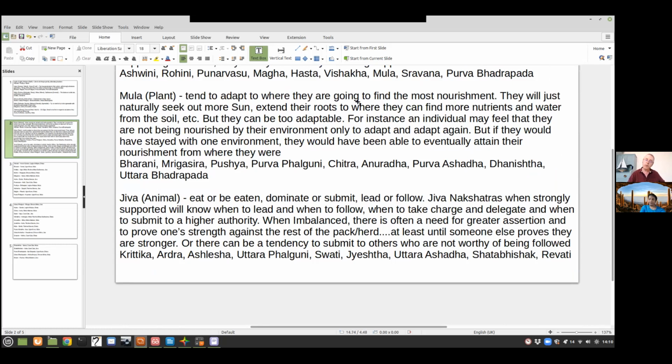Now, in the next few slides, I've put together all the different concepts. I've put together the kingdom of the nakshatra and the nature of the nakshatra and the deity. So we have all of that combined. I'm not going to go into each of the deities in great length explaining each of the circumstances, because I don't think we'd have time to do 27 of those.